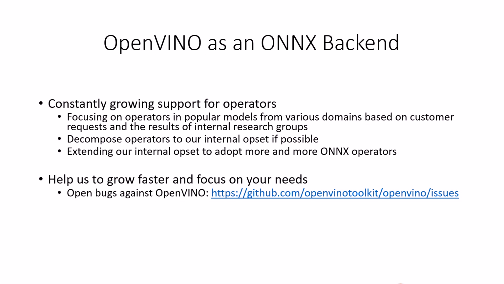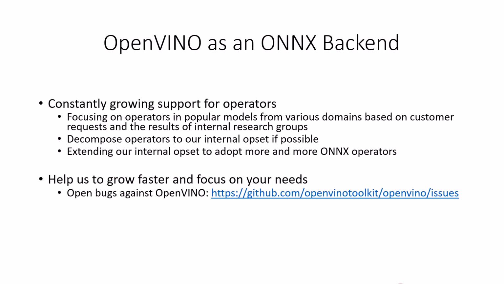The second way is when such decomposition is not possible or too bulky and inefficient. In this case, we are extending our operation set to cover this ONNX operator. The latter case implies more effort because such an operation should be implemented in all the inference plugins.